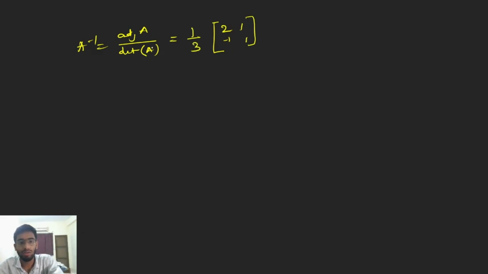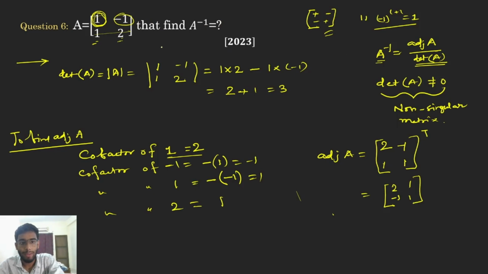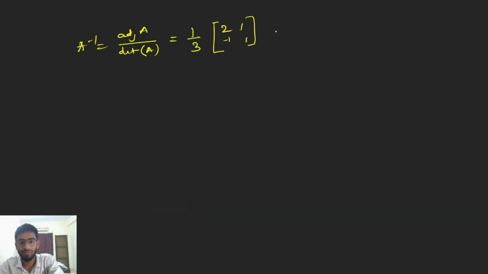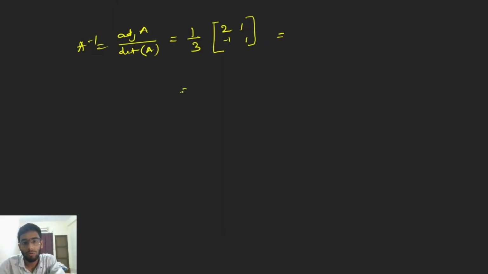Since it is a fraction, it is 1 by determinant of A into adjoint of A. So what is A inverse? If you multiply, you will get 2 by 3, 1 by 3, minus 1 by 3, and 1 by 3. This is our A inverse, which is our answer.